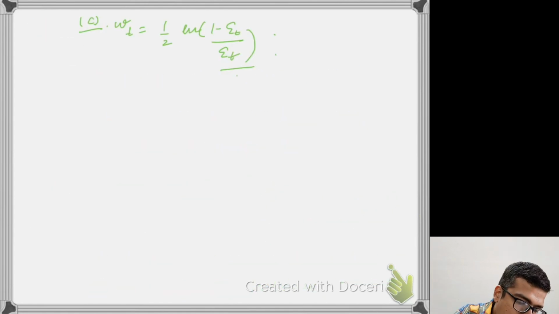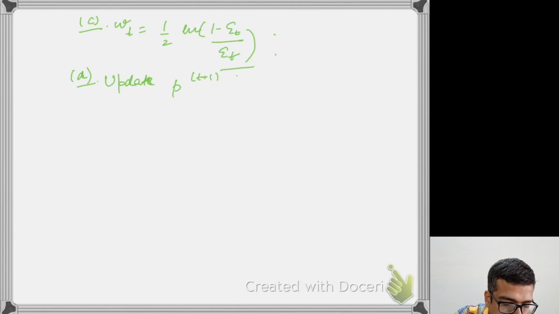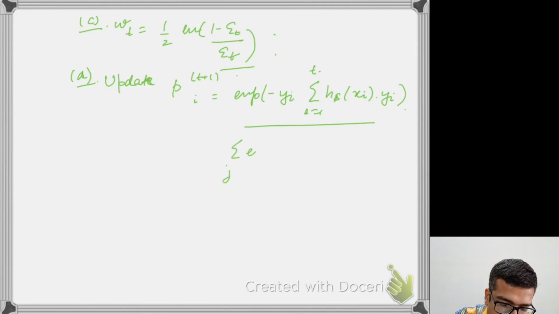Okay, and next you update, for the next instance, the importance of each example as exponential of minus y_i times sum over s from 1 to t of h_s(x_i) times w_s, over the sum over all j of exponential of minus y_j times sum over s from 1 to t of h_s(x_j) times w_s.